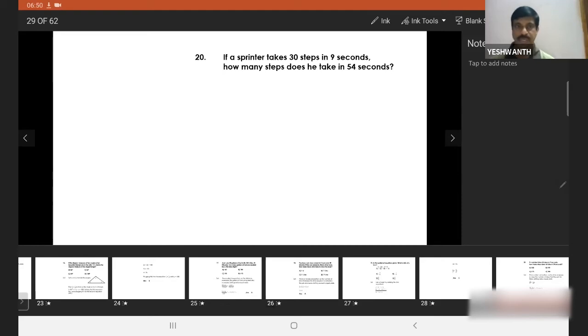A sprinter takes 30 steps in 9 seconds. How many steps does he take in 54 seconds?